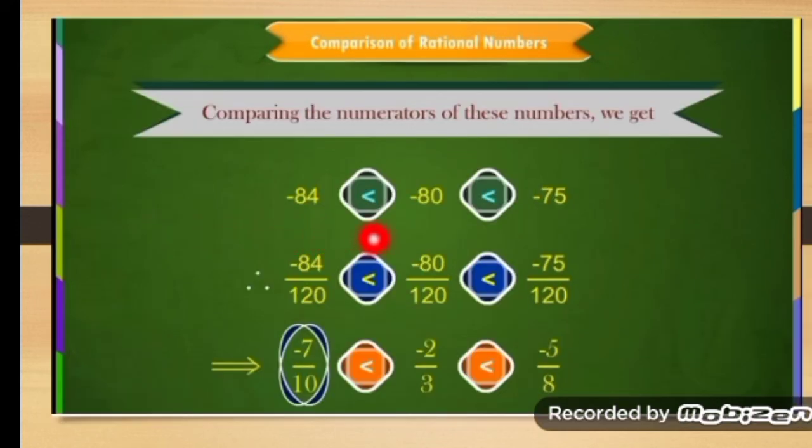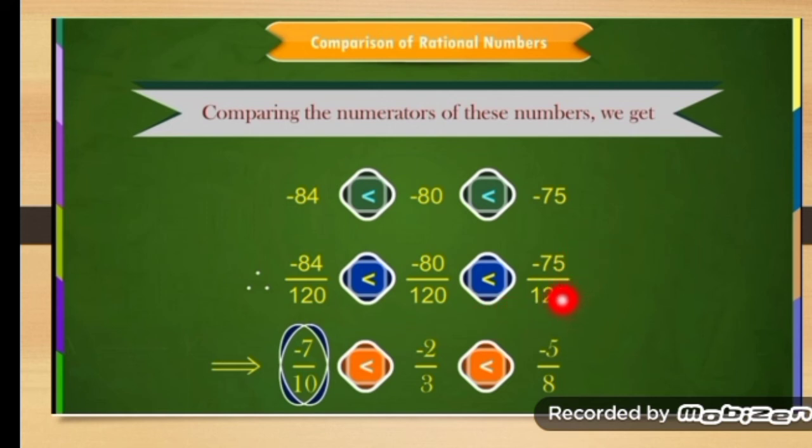First of all, we will check the numerators. Here, according to ascending order, minus 84 is less than minus 80 and minus 80 is less than minus 75. So, minus 84 by 120 will be less than minus 80 by 120 will be less than minus 75 by 120.